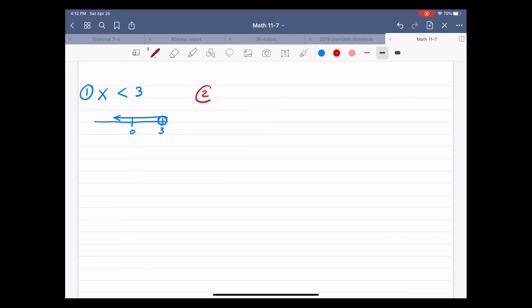Number 2. It is z is less than or equal to negative 294. So we have this really long graph. We have a 0 here, and we have negative 294 all the way out here. Notice it is less than or equal to.